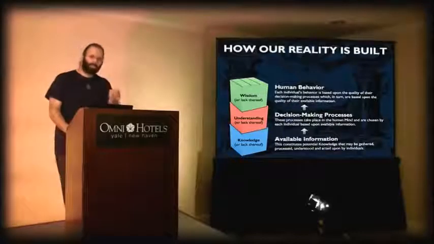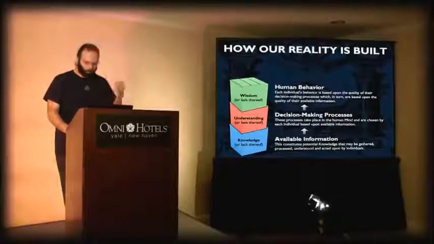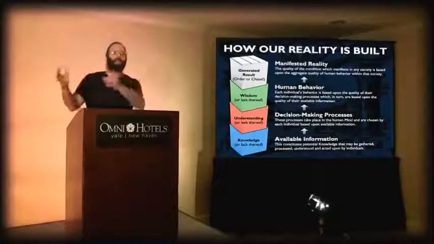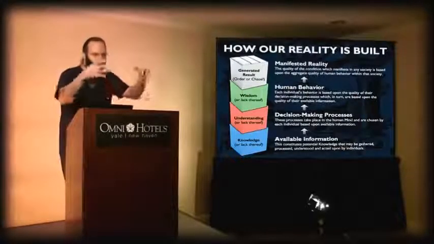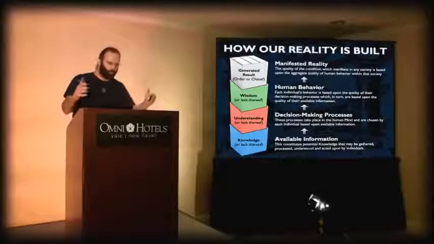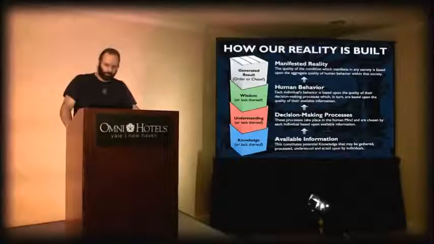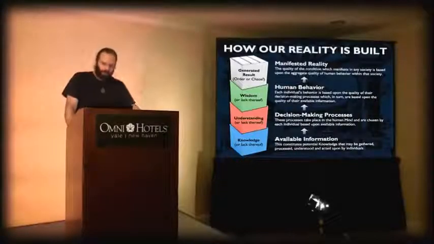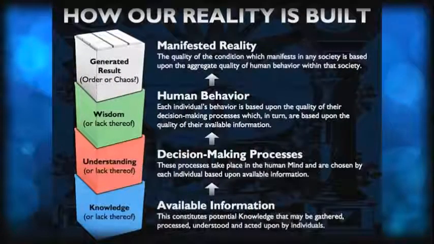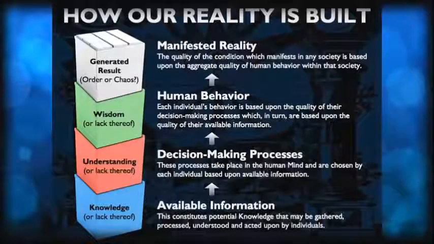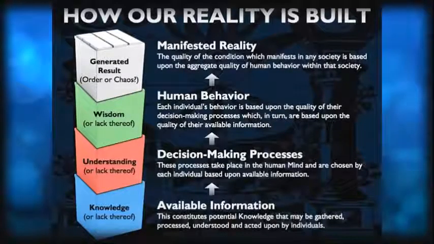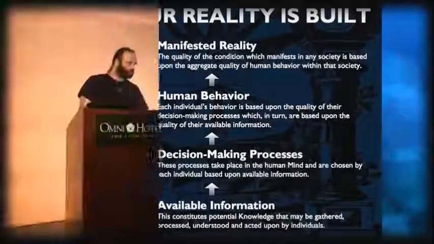So, based upon these three processes, something is generated. Something is created in the physically manifested reality, the real world, so to speak. The manifested reality is based upon the aggregate behavior. No one person is creating the reality we are experiencing.